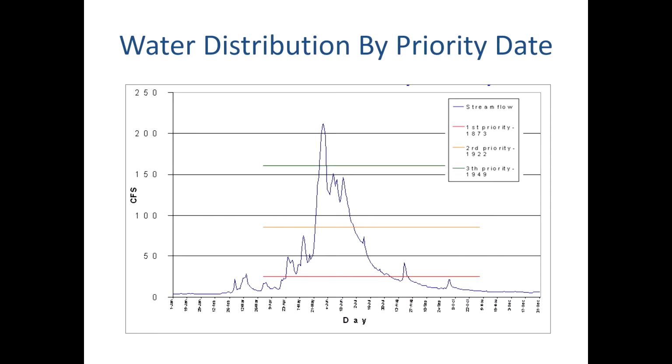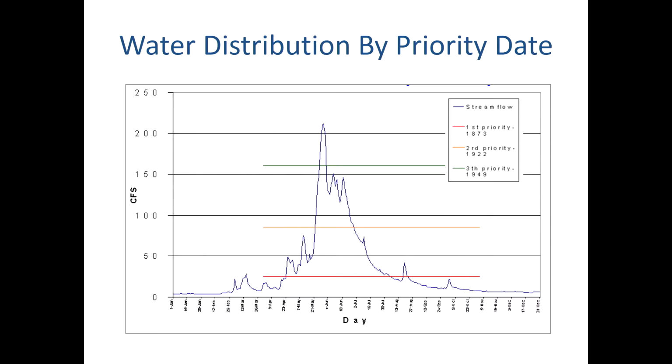This slide demonstrates how water can be distributed by priority date. Those horizontal lines, if you look at the bottom one, it's red, and I don't know if you can see it very well, but it's a priority of 1873. The blue line represents the stream flow in that system, with a second priority of 1922, and a third priority of 1949 as we track the horizontal lines up.